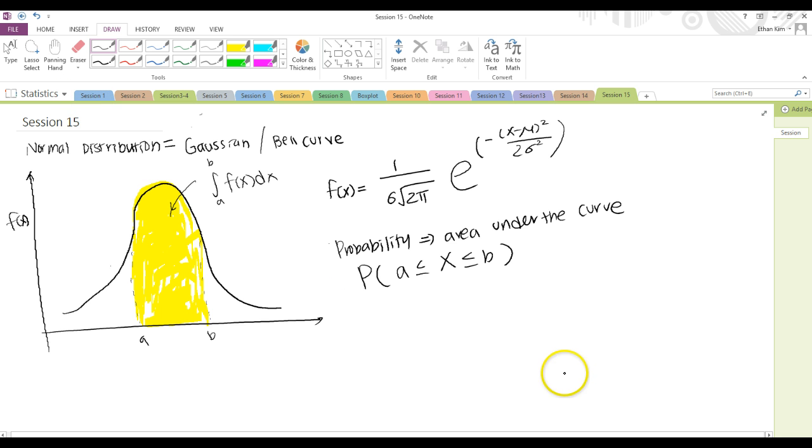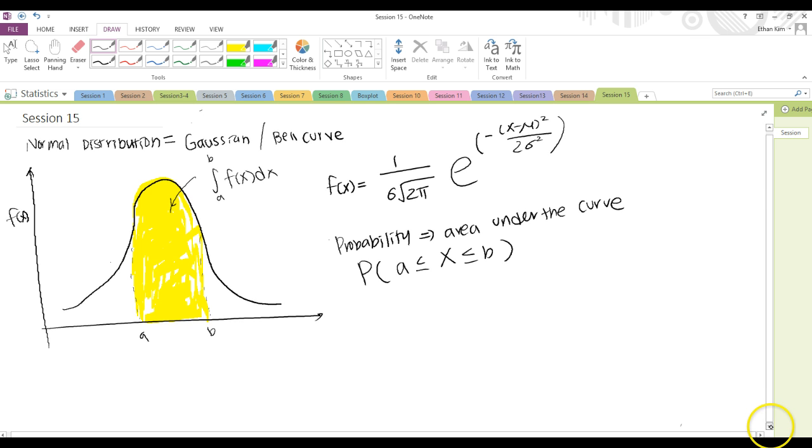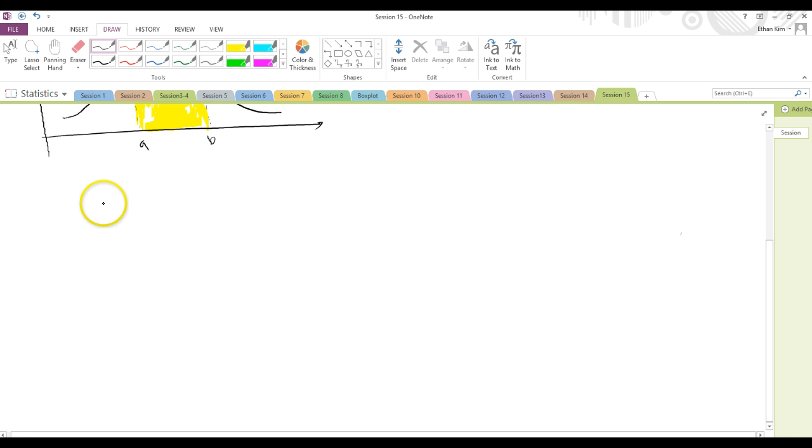We also learned the z-score, the standardized normal distribution. We denote this as follows, because mu for any standardized normal distribution is 0, and sigma is always 1.